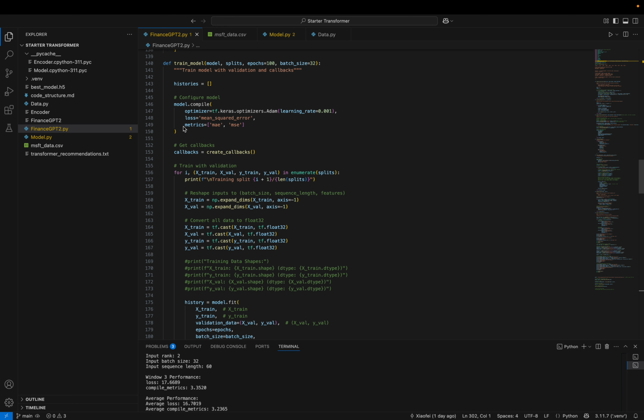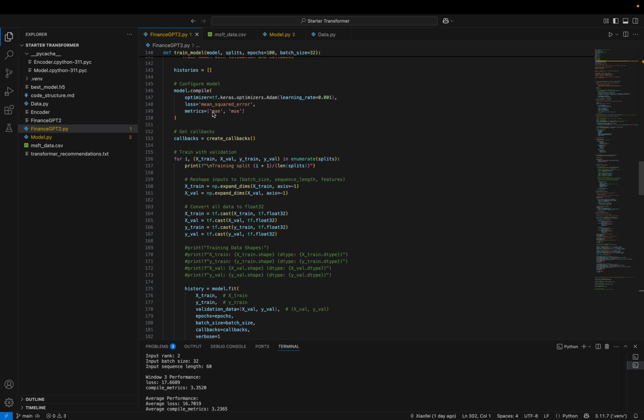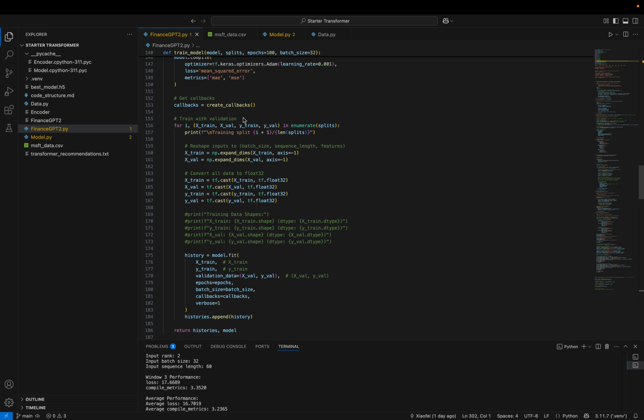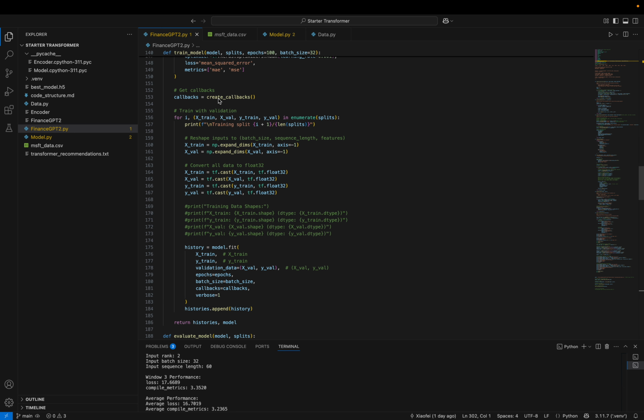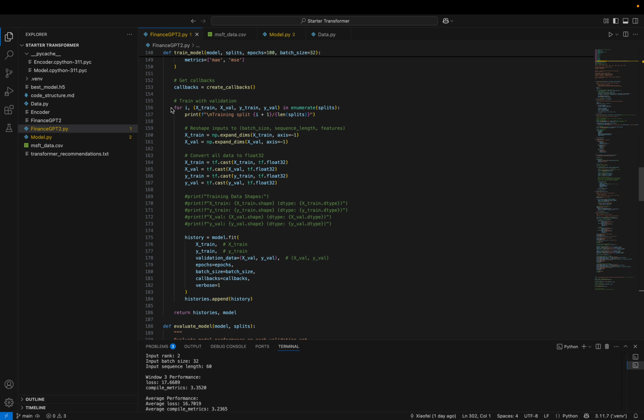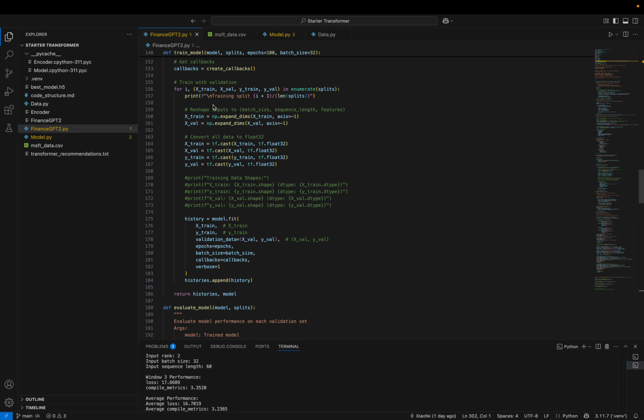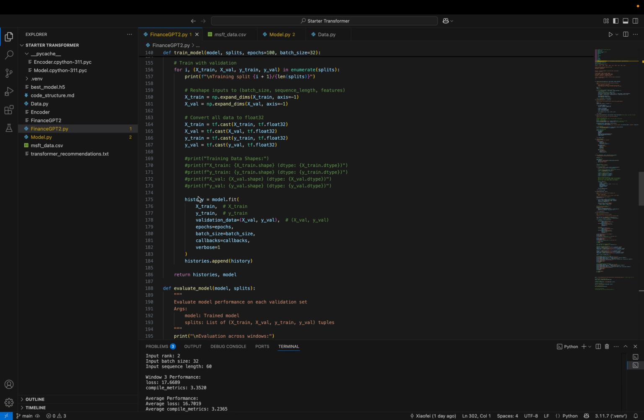And these are the metrics that I use to see how the model is performing: mean absolute error and mean square error. And then it creates the callbacks, and then it trains the model for the number of training and validation sets I have. So it trains it 3 separate times with different data, and this fits the data.